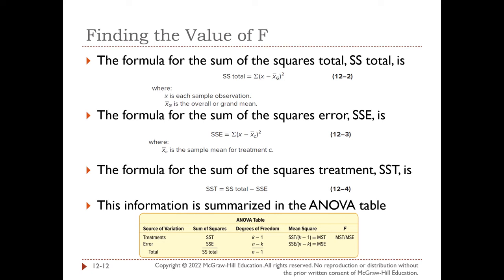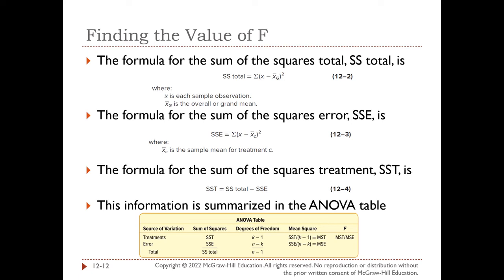Alright, what was I? Oh yeah, so the sum of the squared totals, SS total, is equal to the sum of x minus x bar g, squared. Well, again, x bar g is the overall or grand mean, and x is each sample observation.